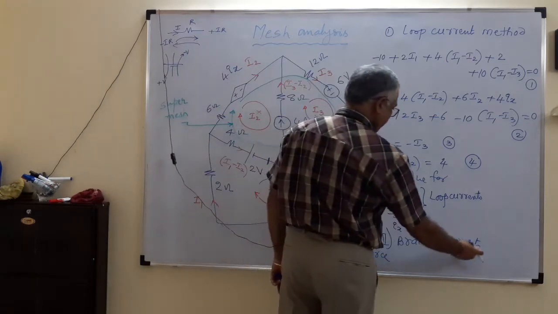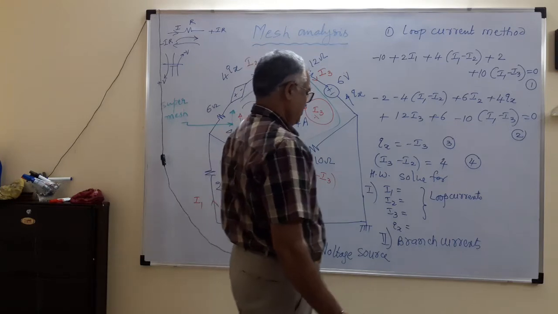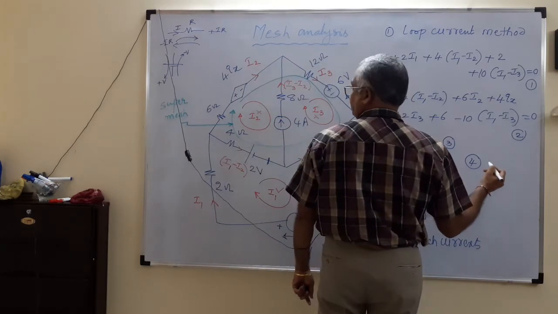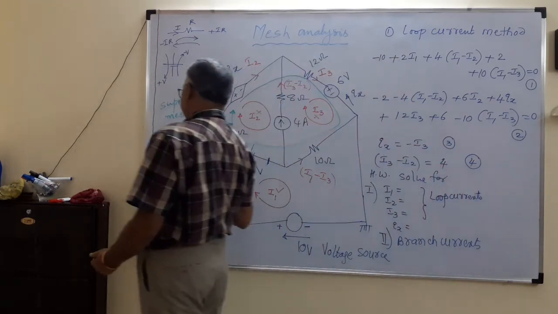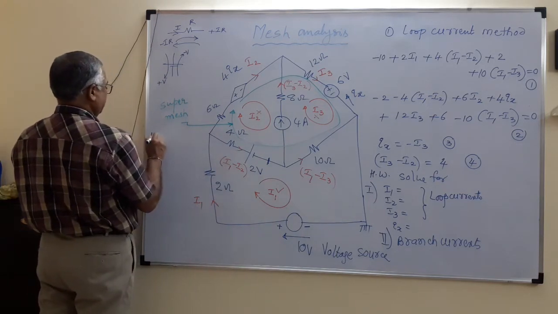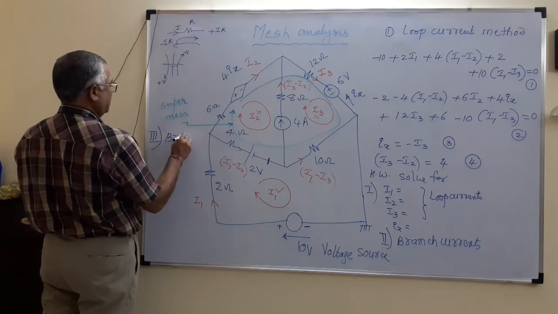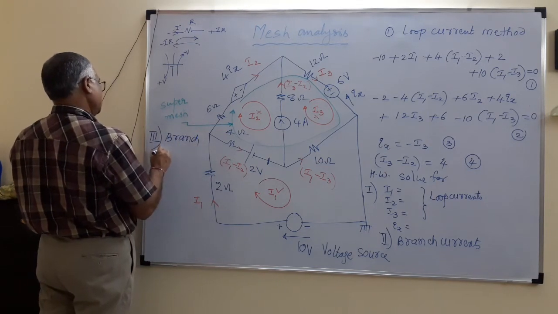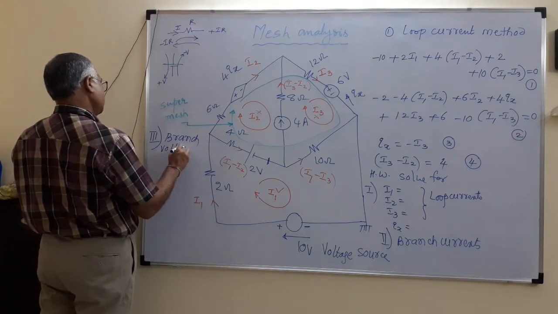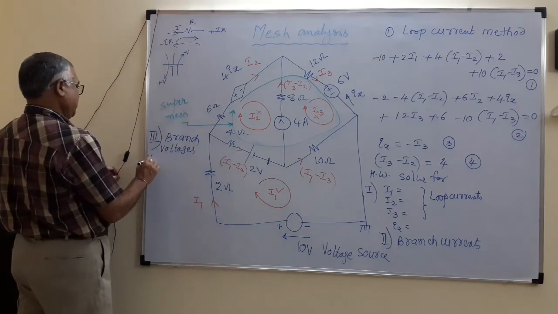How can we find branch currents? With the help of loop currents. Then the third step, branch voltages. For example, I want VAB.